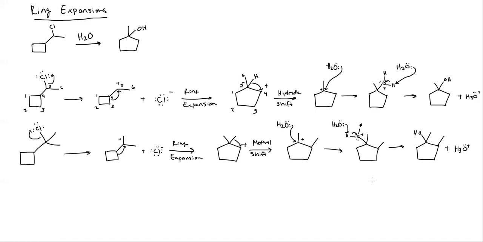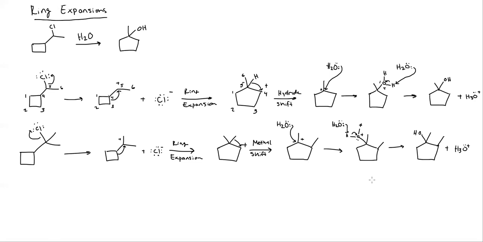Okay. So I know that was probably a lot of fun for everybody, but 3 things I wanted to cover in this. I wanted to cover a basic ring expansion that didn't have any caveats with it. And then I wanted to cover the ring expansion where you can have that primary alkyl halide, so the ring expansion has to occur at the exact same time that the leaving group leaves.